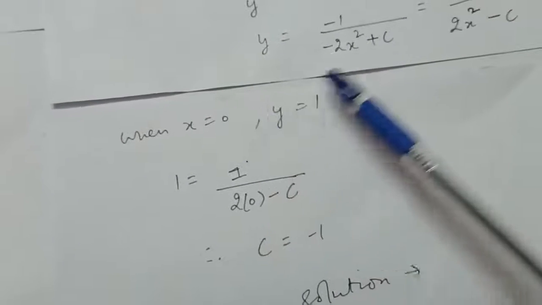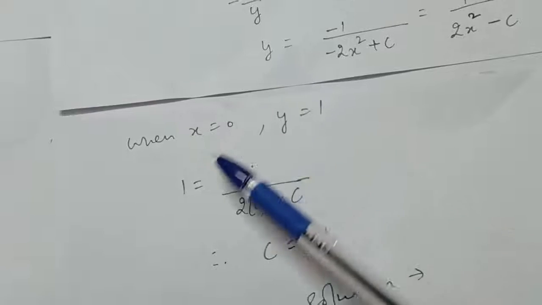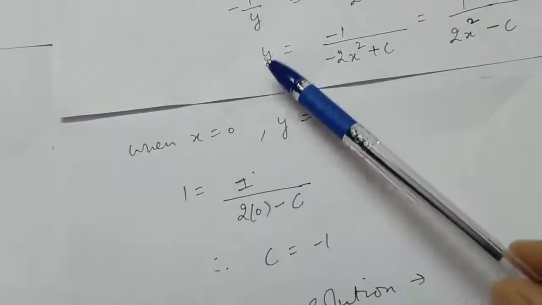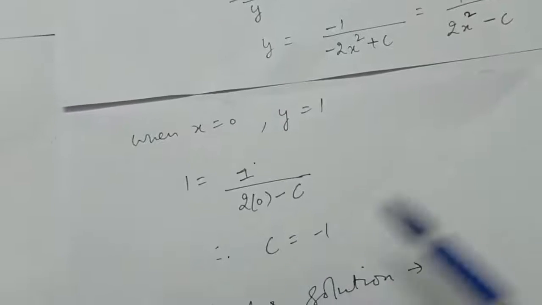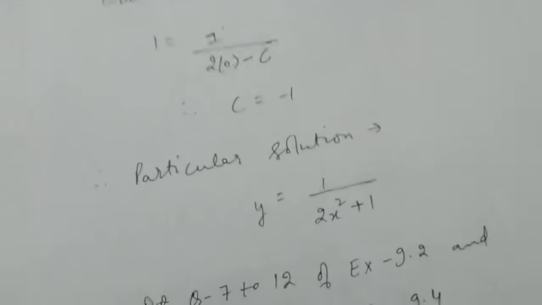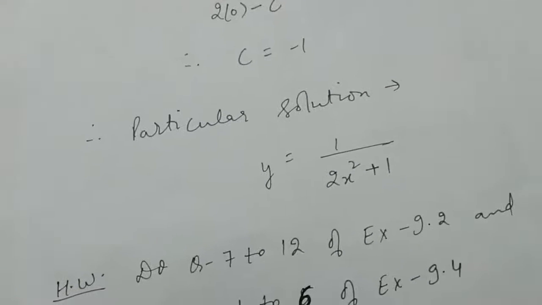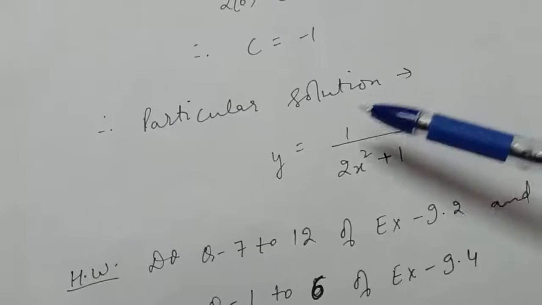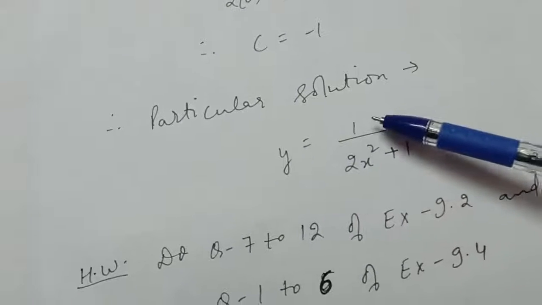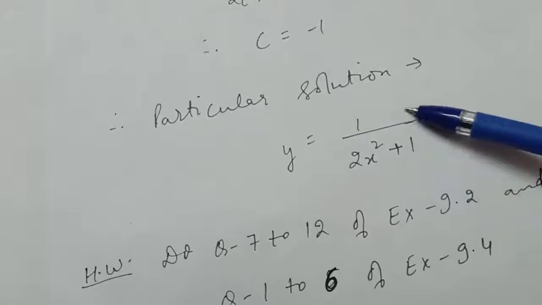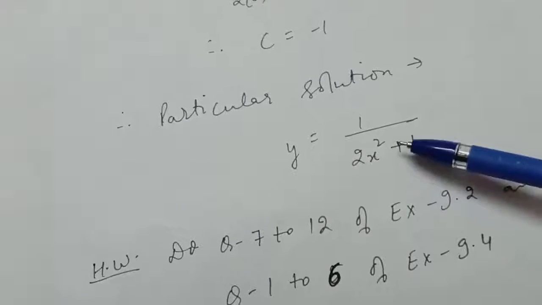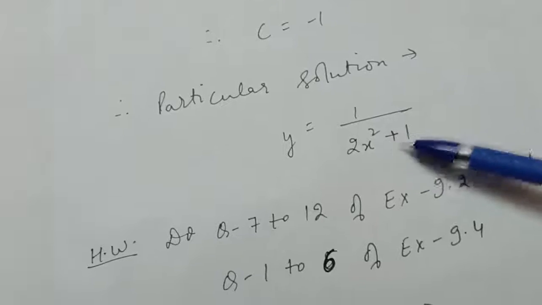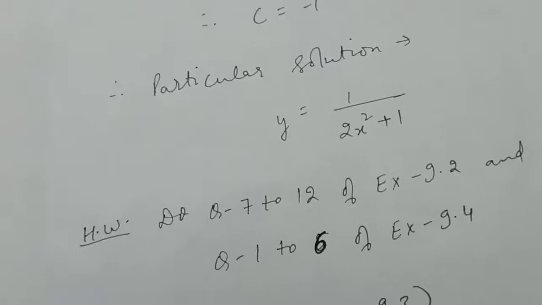So when x is 0, y is 1, put these values of x and y here, you will get the value of c as minus 1. So in place of c, now I will write minus 1. So this will become the particular solution, 1 upon 2x square plus 1. And you can see this does not include any arbitrary constant, right? A particular solution does not contain any arbitrary constants.